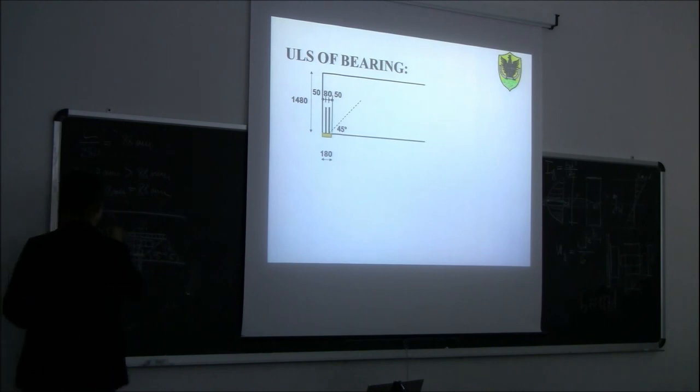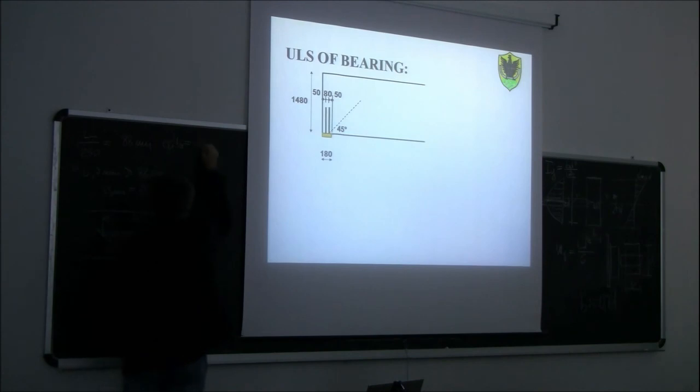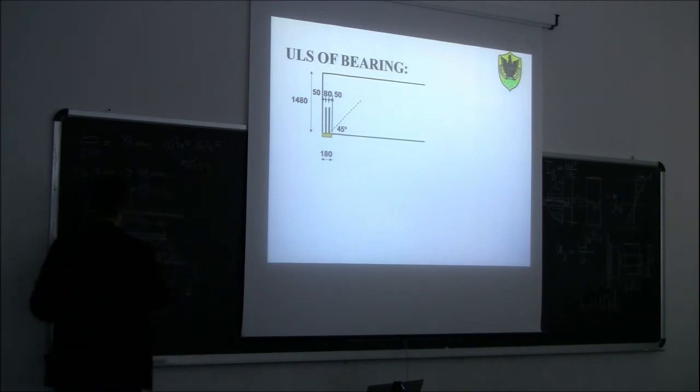We can write that sigma 1 times B1 will be equal to sigma 2 times B2, equal to sigma 3 times B3. So this is B1, this is B2, and this is B3.